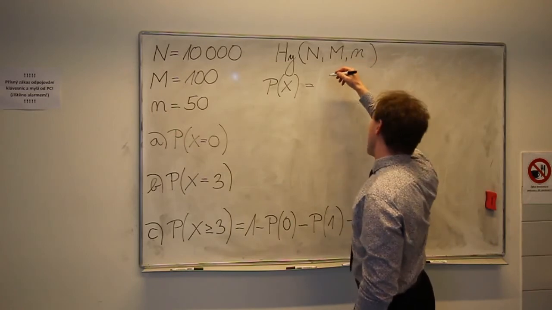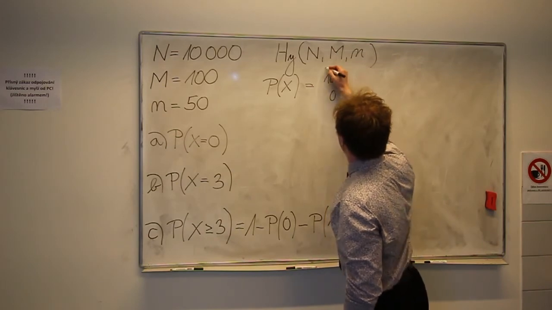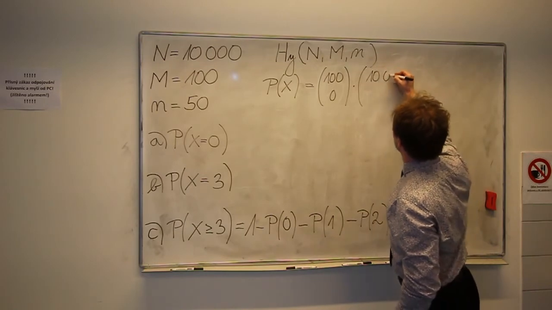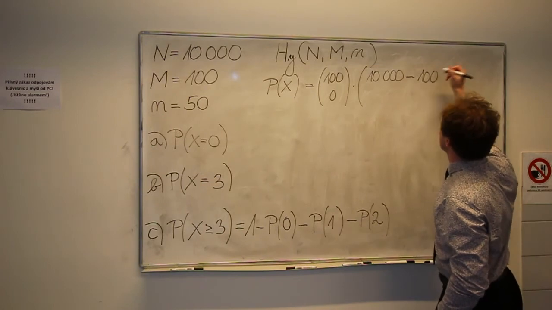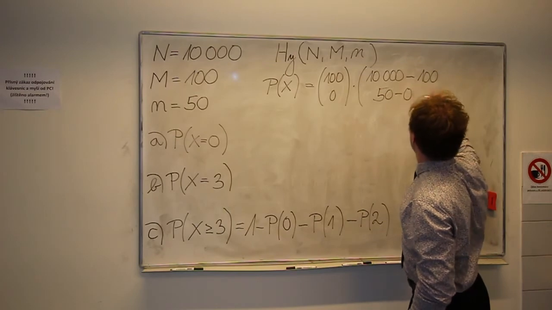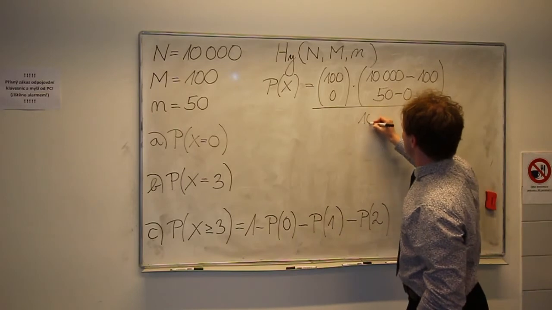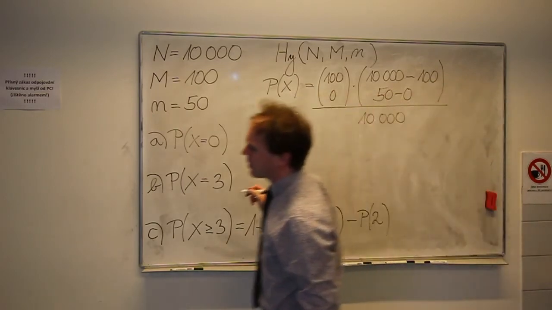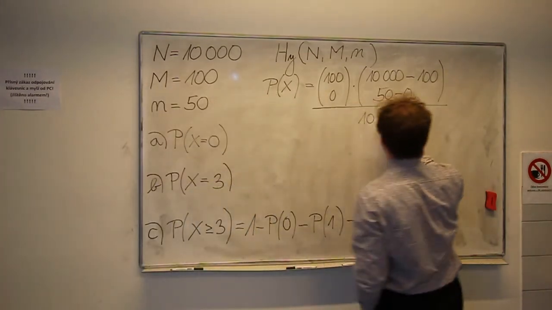Capital M, 100, above 0, times the difference: 10,000 minus 100, above small n, 50 minus 0, divided by 10,000 above small n, so 50.